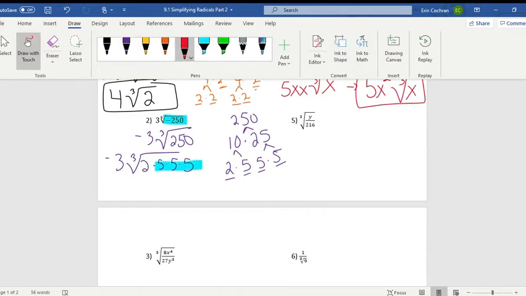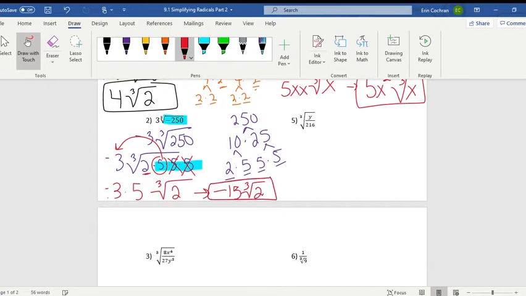So I'm going to circle one 5 and cross out 2 of them. This 2 is a loner, so it stays right there. This 5 is going to pull out. So negative 3 times 5, and then we have the cube root of 2. We multiply: negative 3 times 5 is negative 15, and then the cube root of 2, and that would be your final answer.